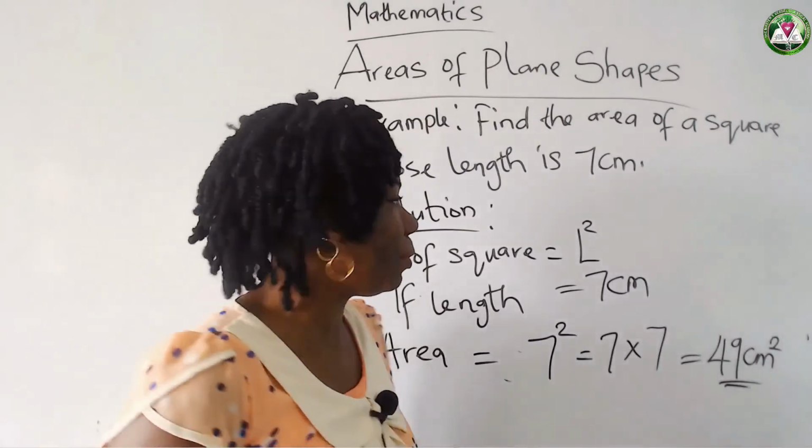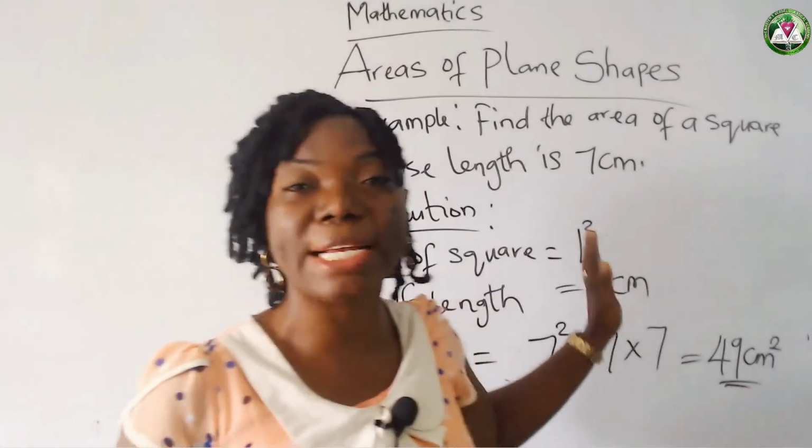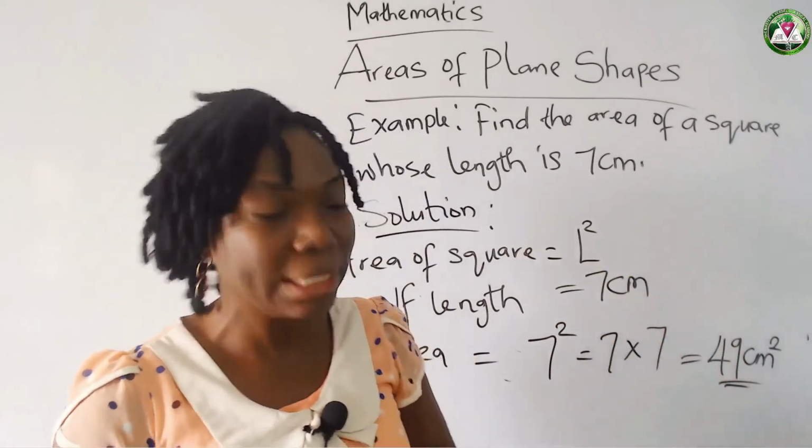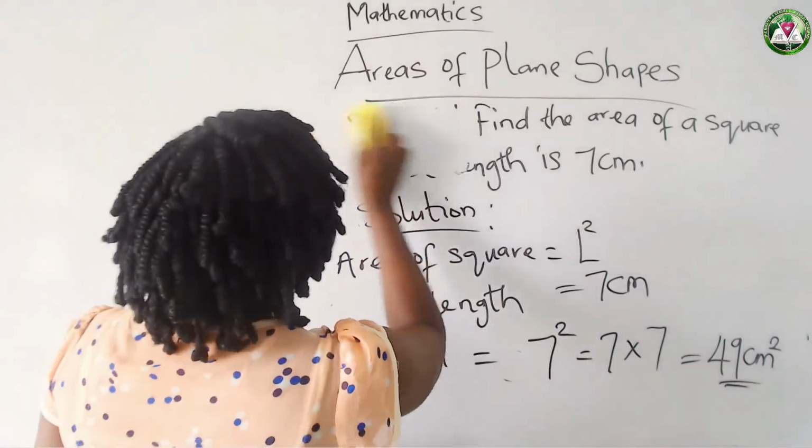Let's take another example. Here, we were given the length to find the area. In another situation, we might be given the area to find the length. Let's see this question.